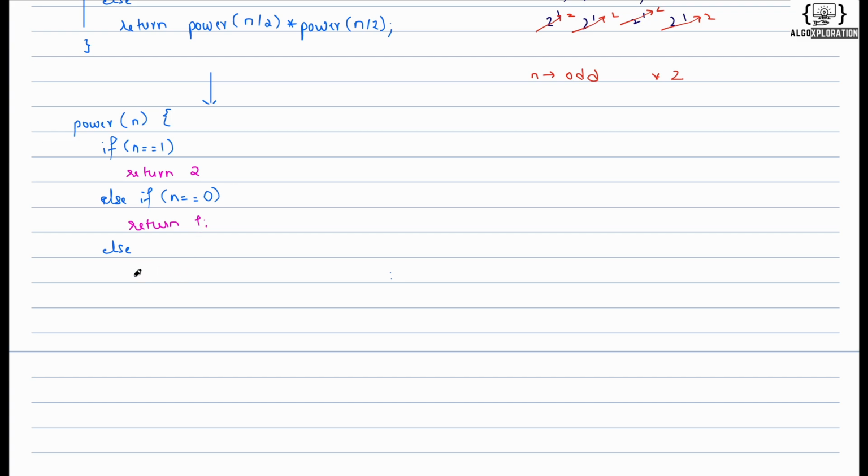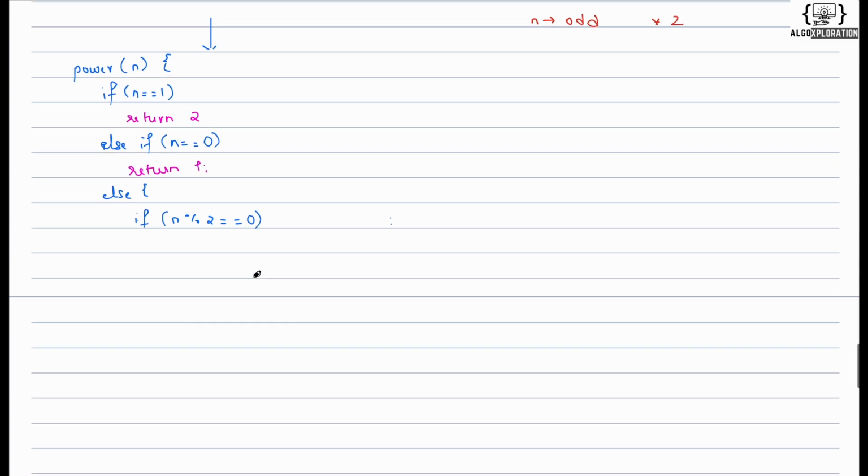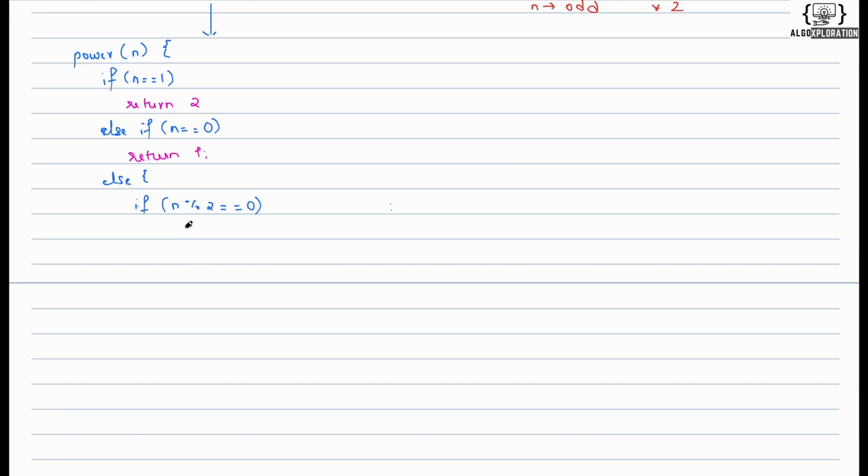See, in this else case, if n modulus 2 is equal to 0, that means it is even. So in this case we don't have to do anything, simply return power n by 2 multiplied with power n by 2, right?